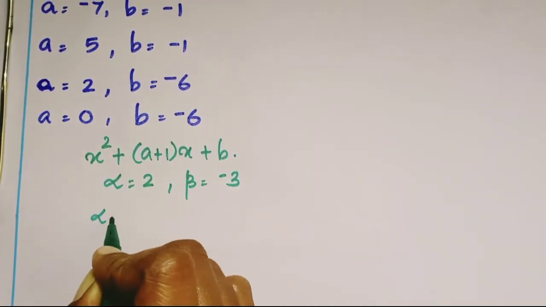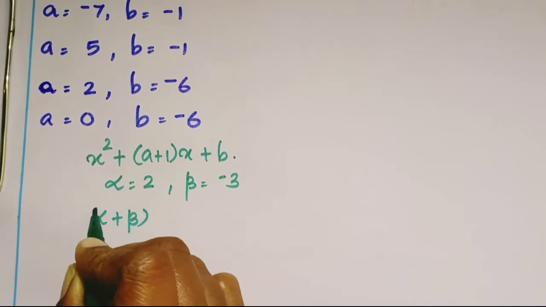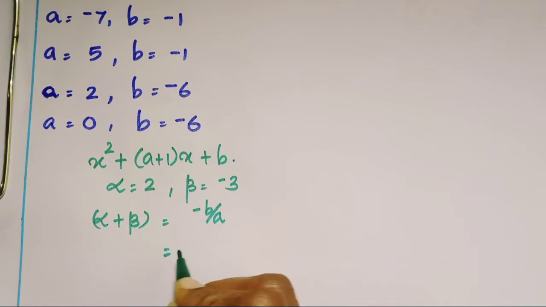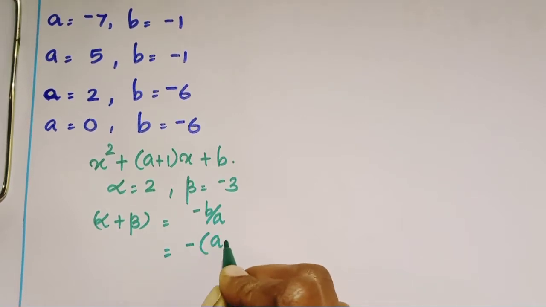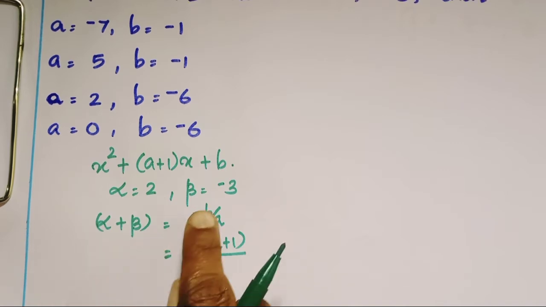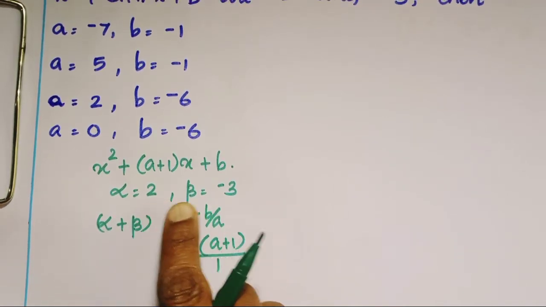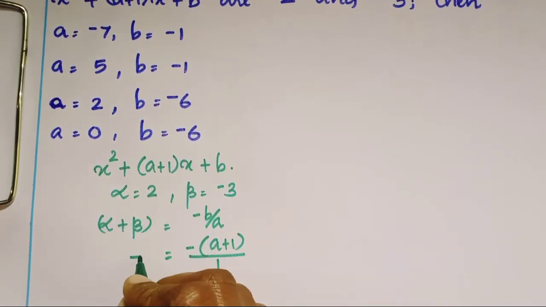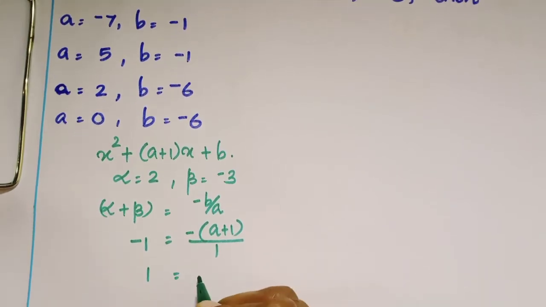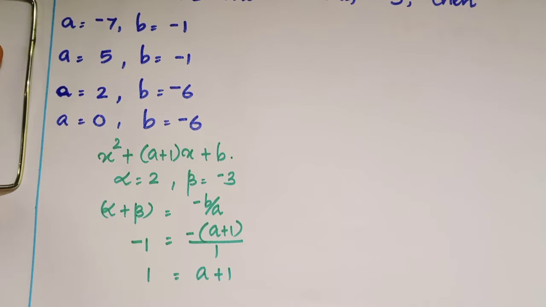Then alpha plus beta is equal to minus b by a, that is equal to minus of (a plus 1) divided by 1. Alpha plus beta, that is 2 plus minus 3, that is minus 1. Then 1 equal to a plus 1.